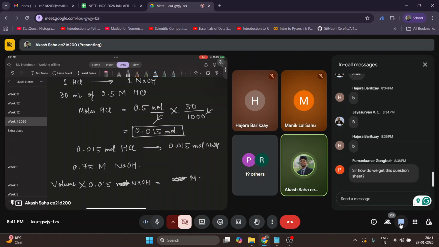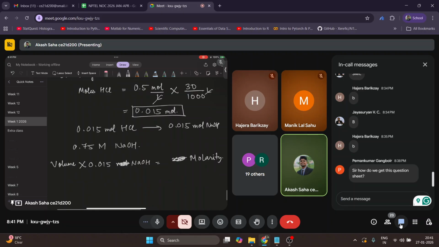So my volume will be equal to the molarity, 0.75, divided by the number of moles.